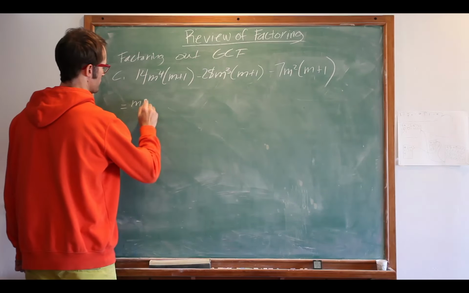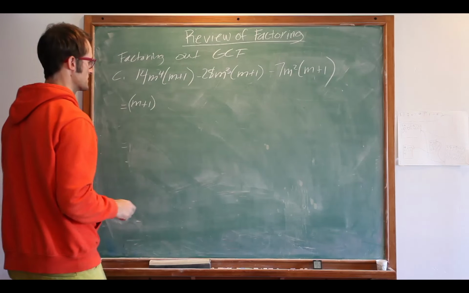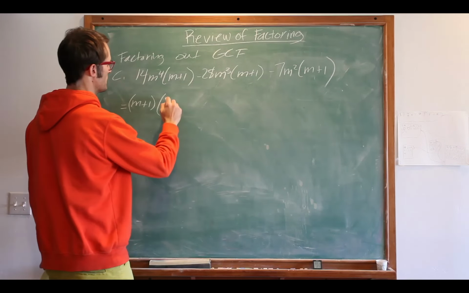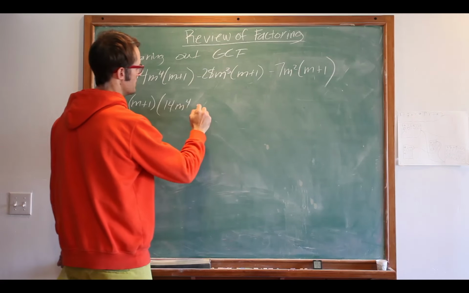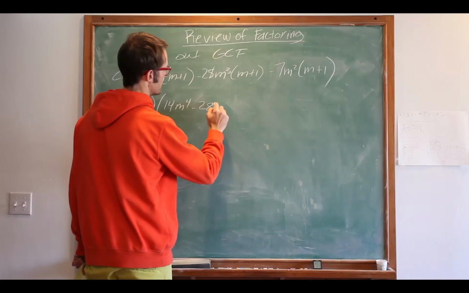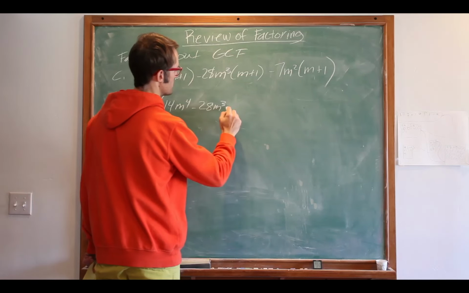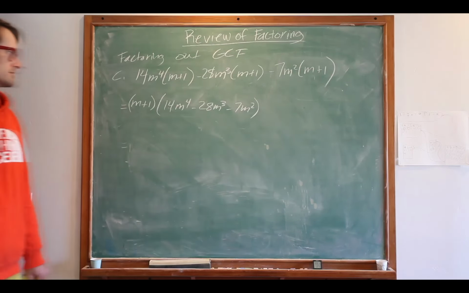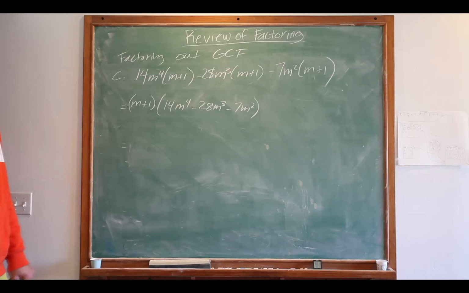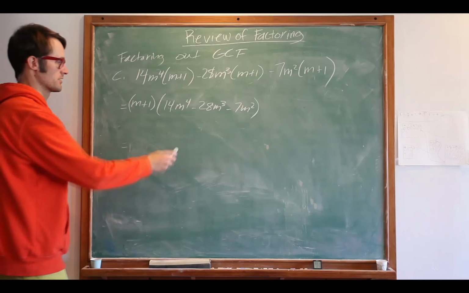Just pull out the m plus 1, that's easy. And then multiply this by 14m to the 4th minus 28m cubed minus 7m squared. So that's slightly more simple, but we can go further.